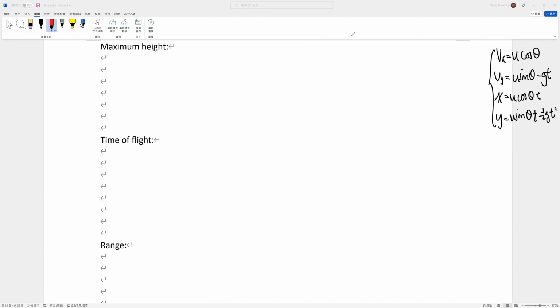Then for the maximum height, we say that Vy equals 0.